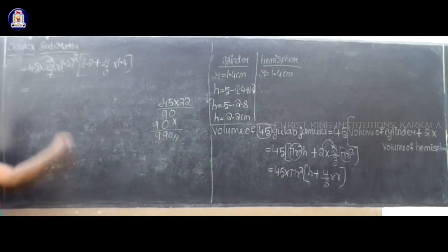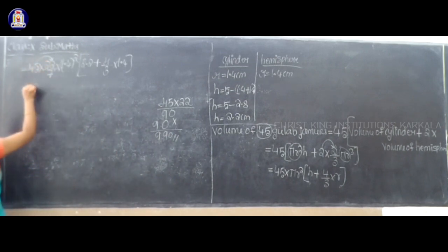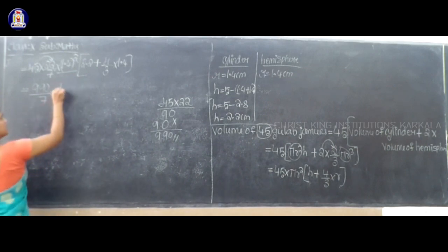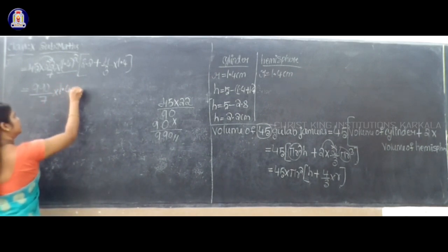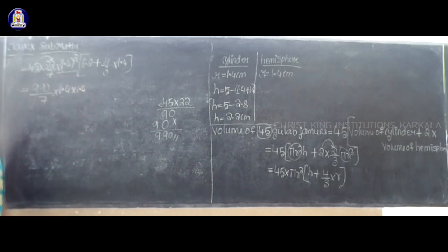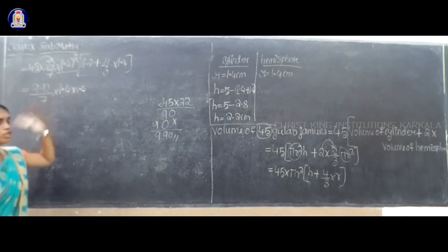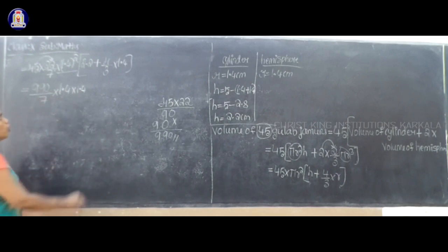So therefore 45 into 22 is nothing but 990 into 1.4 whole square is there. Can you write it as 1.4 into 1.4? Can you split this 1.4 whole square as 1.4 into 1.4? Yes? Okay.